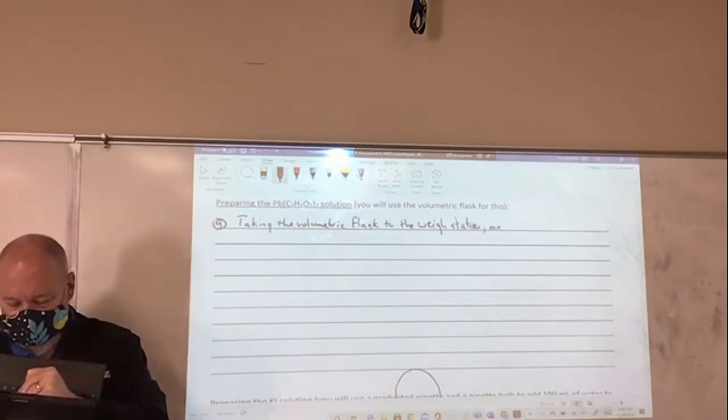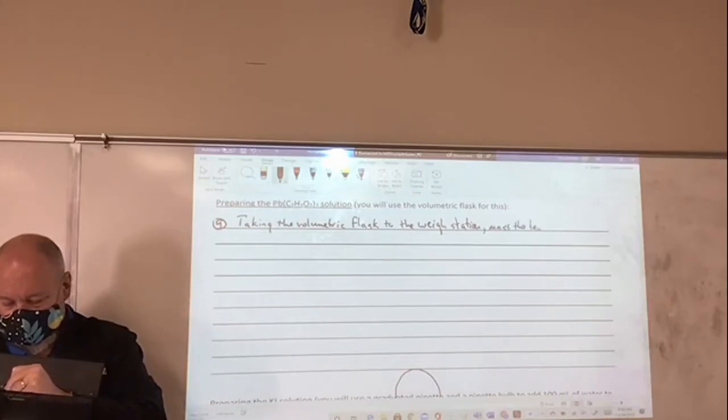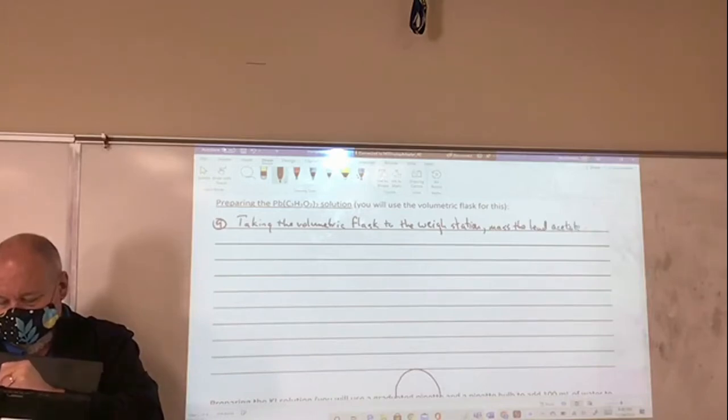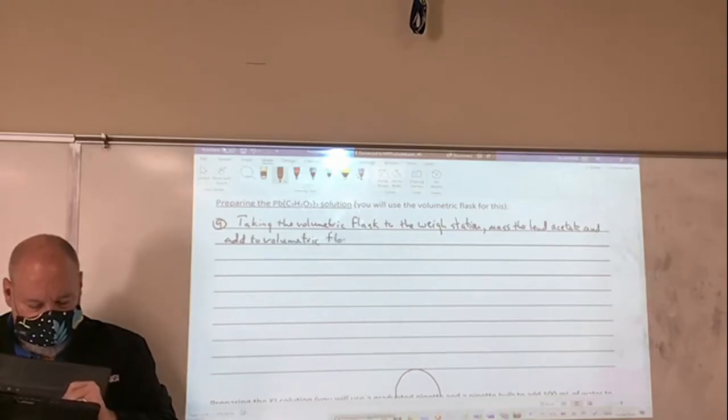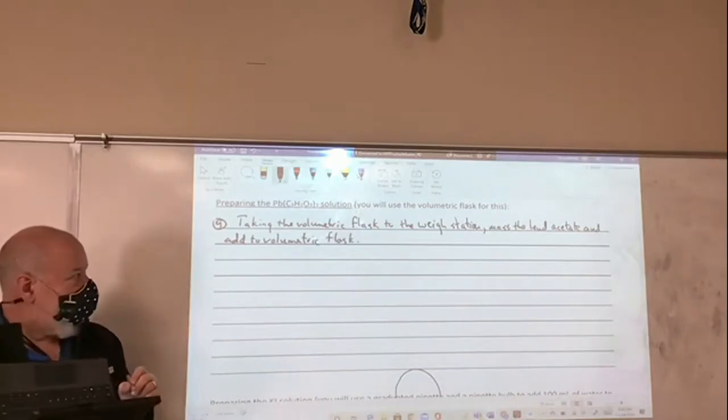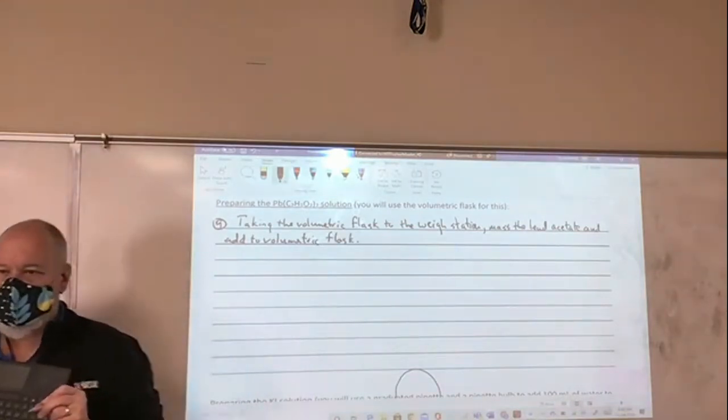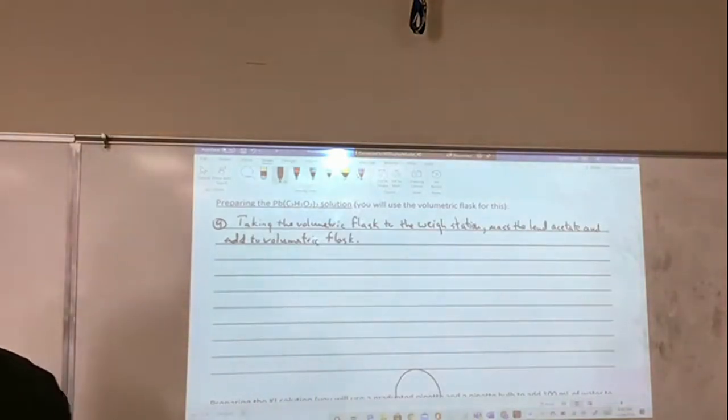Mass the lead acetate and add to volumetric flask. Okay, so is that kind of what you were trying to say?